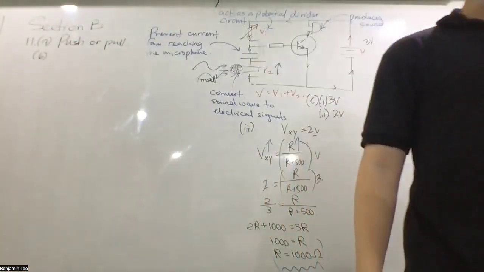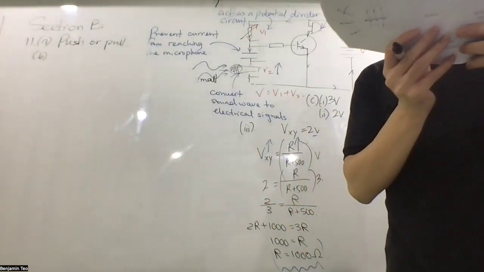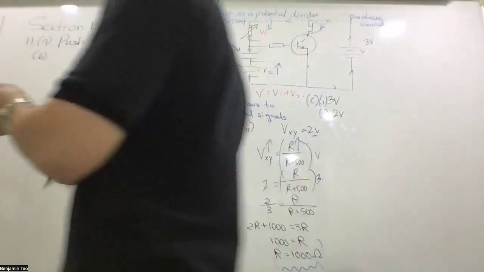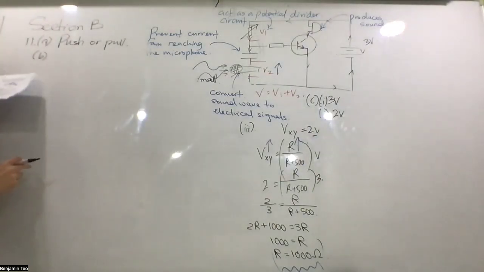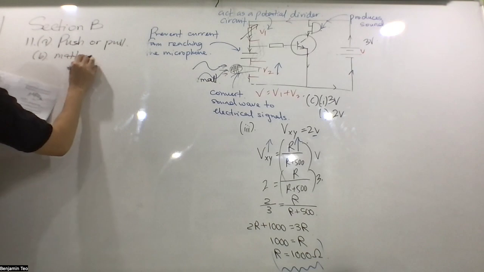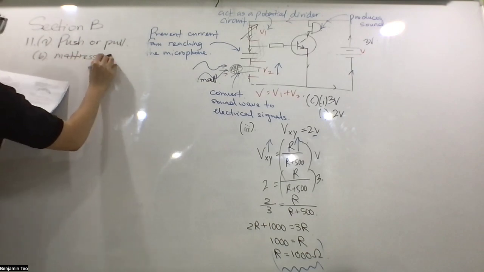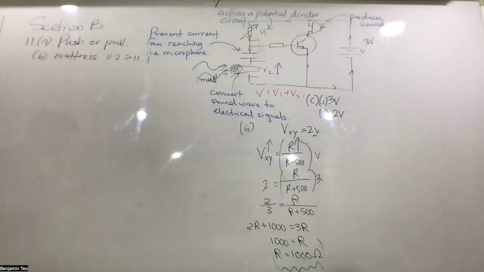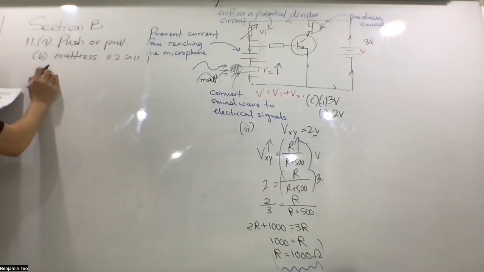Compare the thickness of the mattress, athlete's impact time, and athlete's impulsive force. Okay, 3个我们 compare thickness of mattress in 1.2 大过 1.1. Compare the impact time.